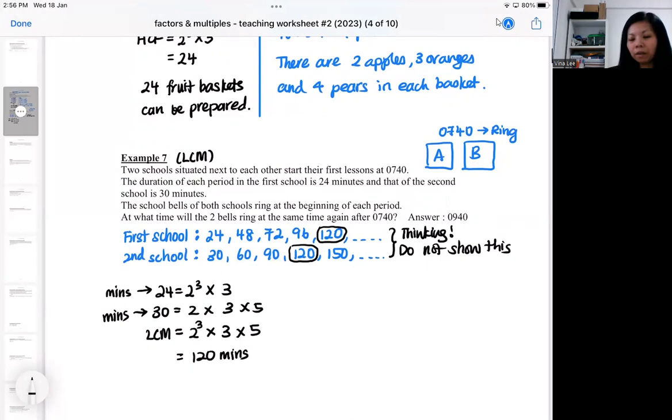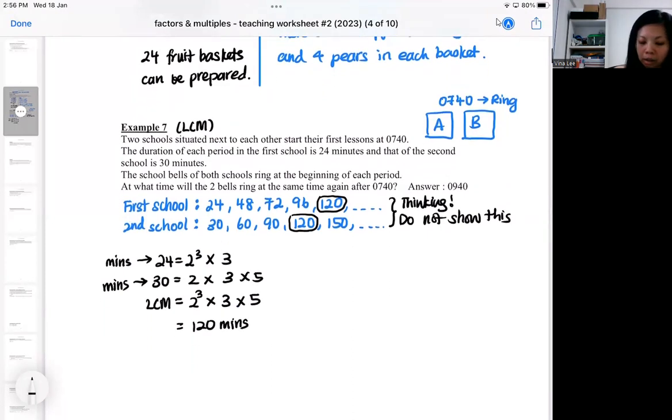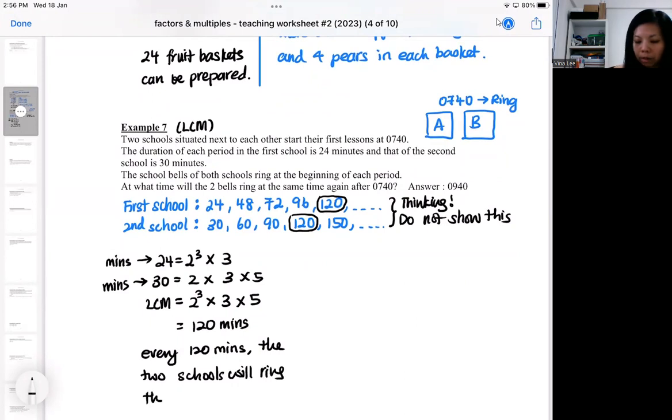And what is the significance of this 120? That means every 120 minutes, the 2 schools will actually ring their bell together.